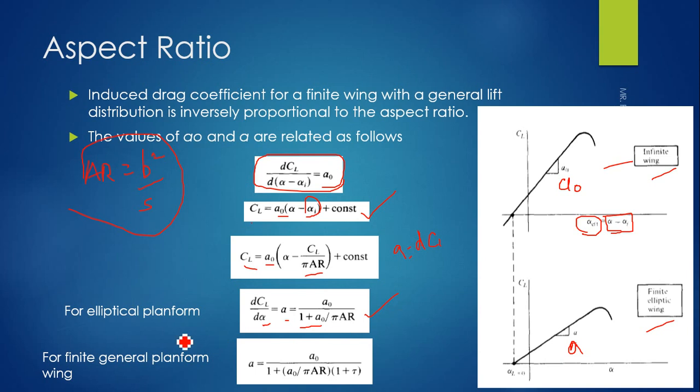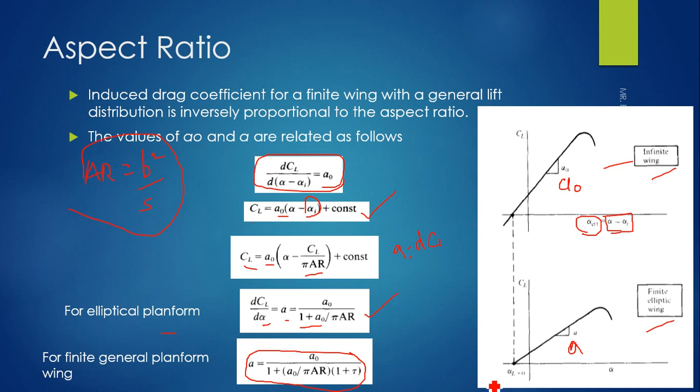This is for elliptical wing, but for a general wing the formula is a equal to a naught divided by 1 plus a naught divided by pi AR into 1 plus tau.